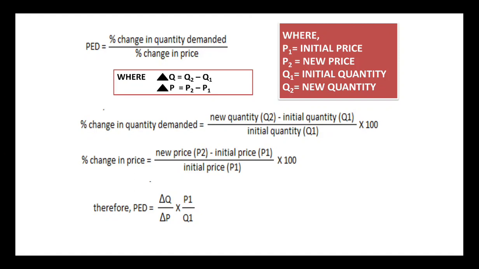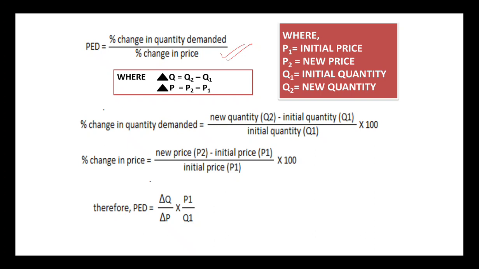It is clearly mentioned in this slide that in the numerator we take the percentage change in the quantity demanded, divided by, in the denominator, the percentage change in price, which means that due to percentage changes in the price, how will the quantity demanded react to it. Here we are taking it in percentage terms.